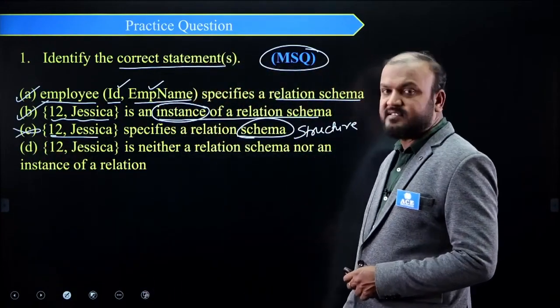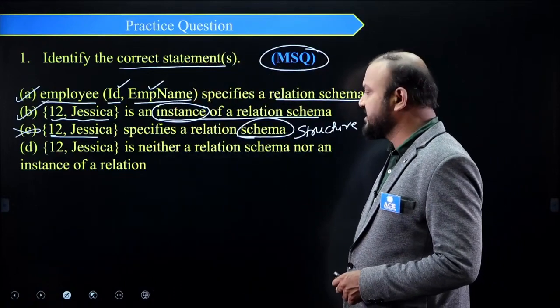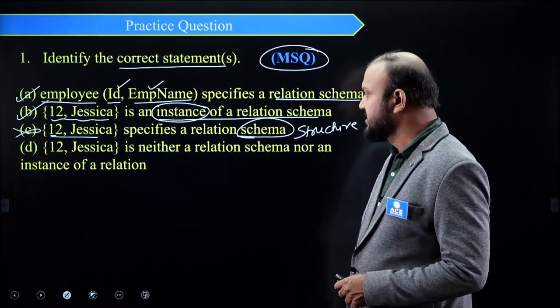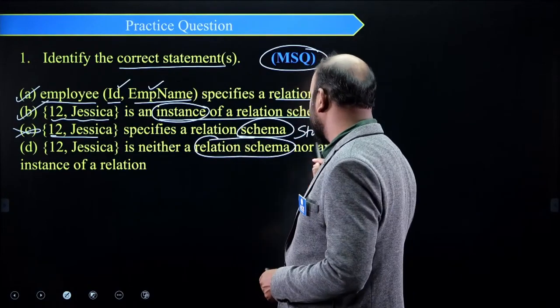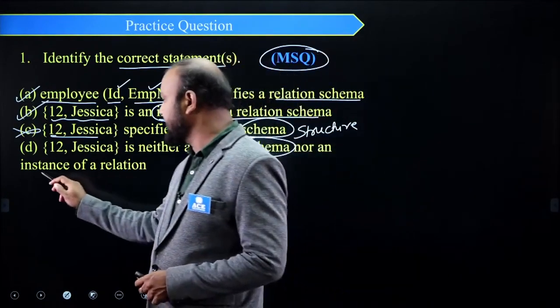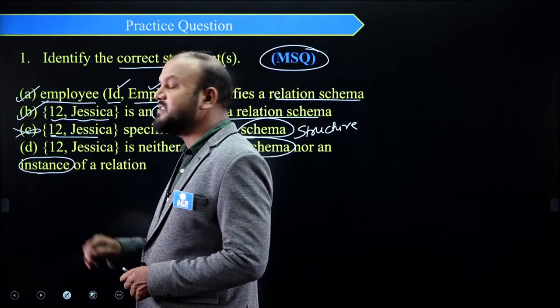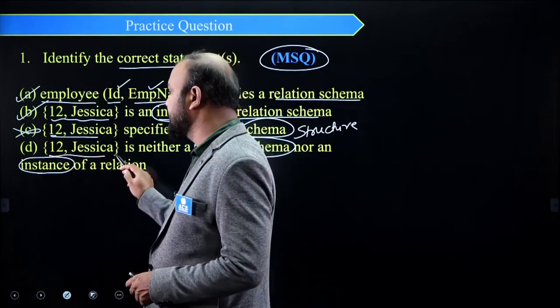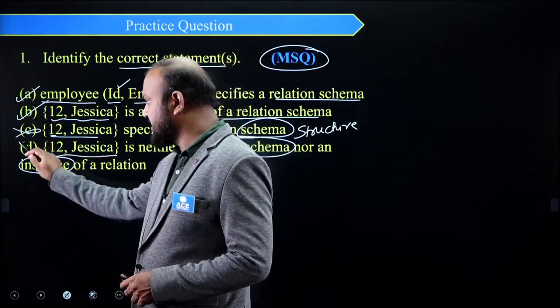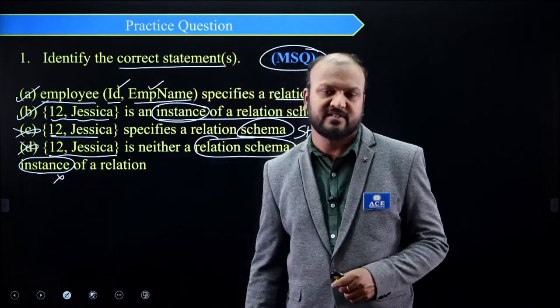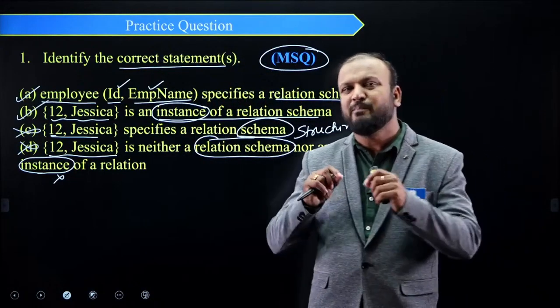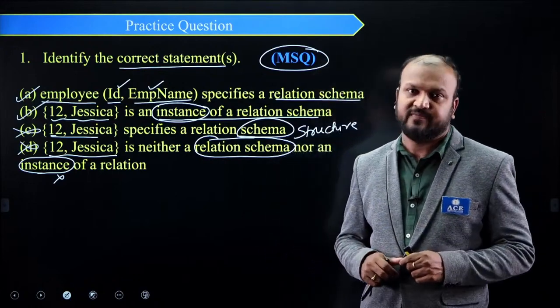And 'D, 12 Jessica is neither a relation schema nor an instance'. It is not a relation schema, that part is true, but it is an instance of a relation, since an instance is a tuple, so this is an incorrect statement. So the correct statements are A and B. You may expect some basic questions like this in the RRB JE.